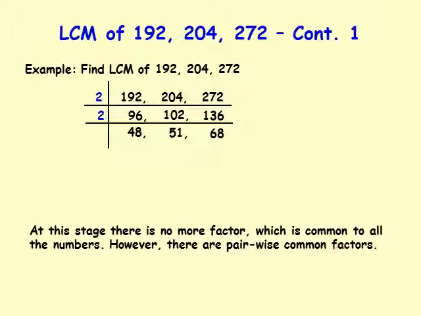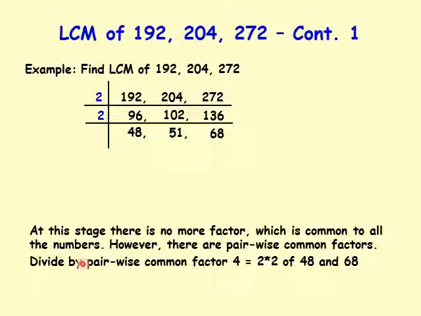So we can divide by 4, since 48 and 68 have a common factor 4. We can do it in 2 steps, 2 and 2, but this time I'll take a shortcut and divide by 4. Now we are trying to find not-so-common factors, factors that are common only to fewer than all the numbers.